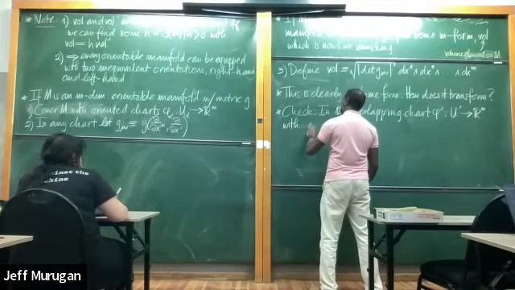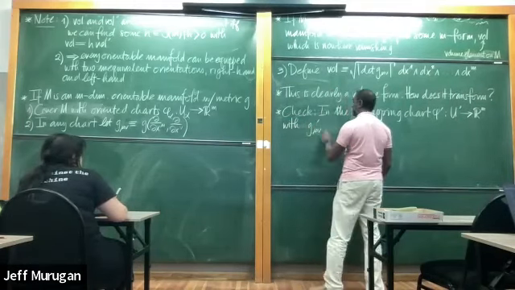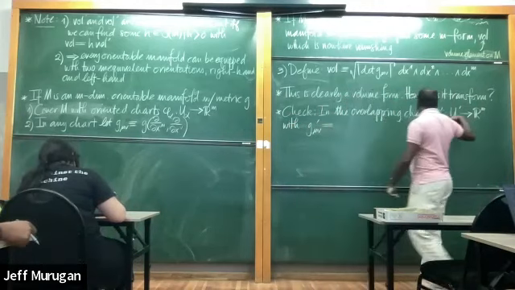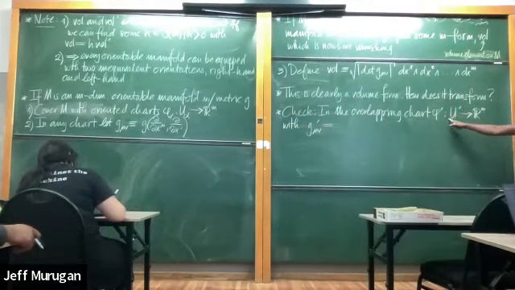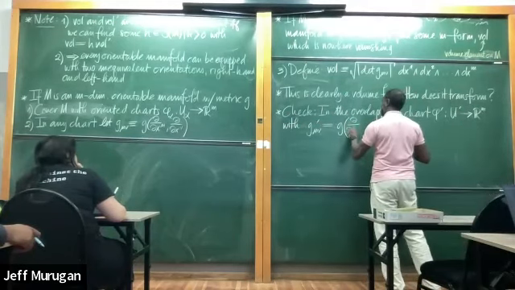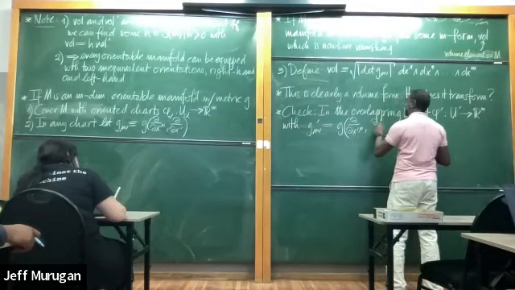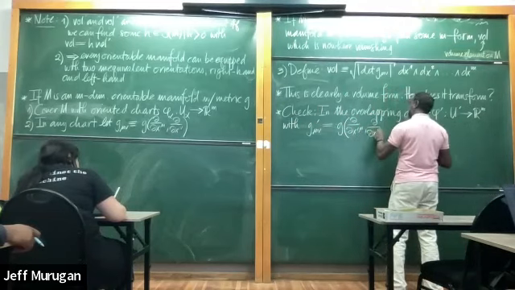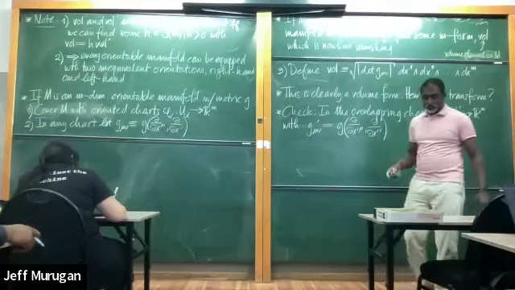In which the metric has components G mu prime. Let's say I pick coordinates x mu prime. The metric has components G acting on d by dx prime mu, d by dx prime mu, like such.